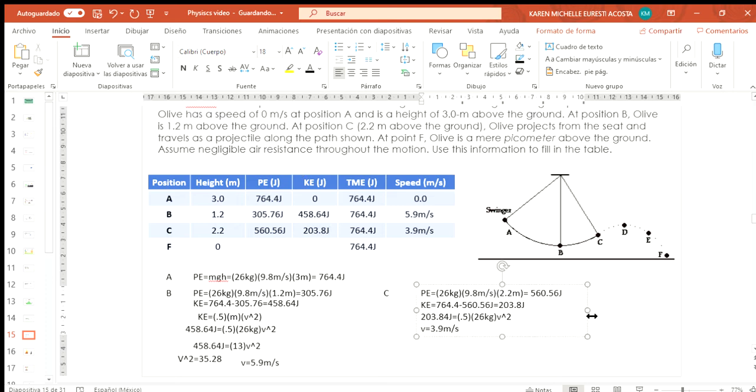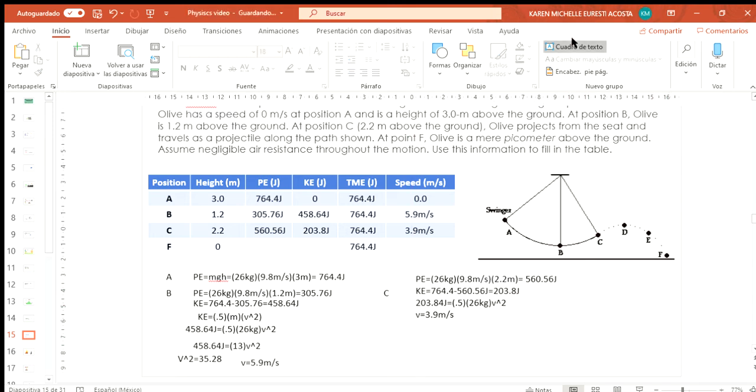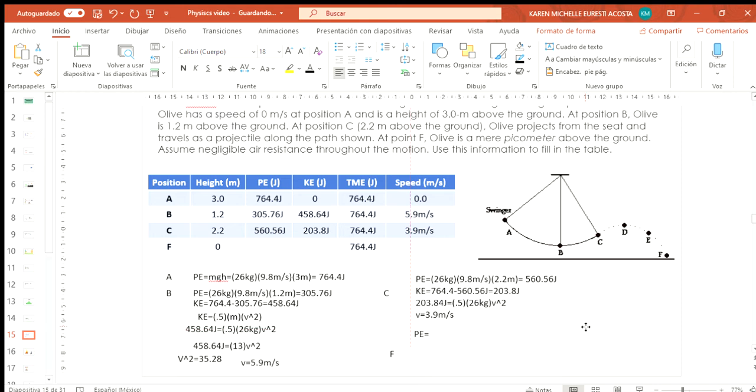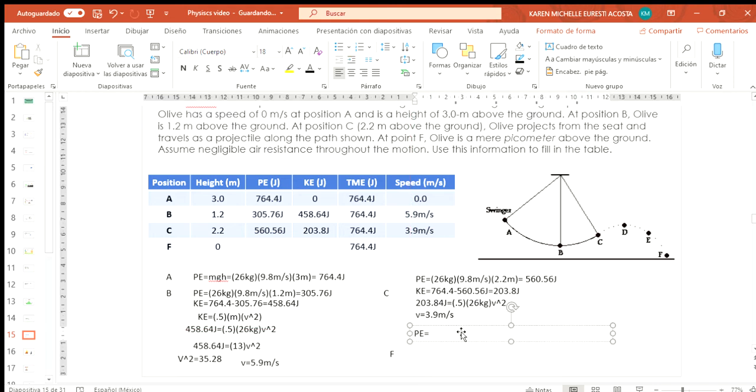And finally, for the F position, we get PE, potential energy, equals 26 kilograms times 9.8 meters per second squared times the height, and this is 0, so this all will equal 0.